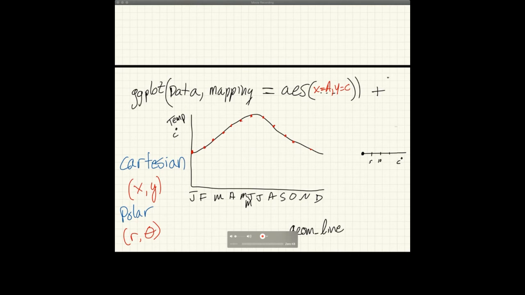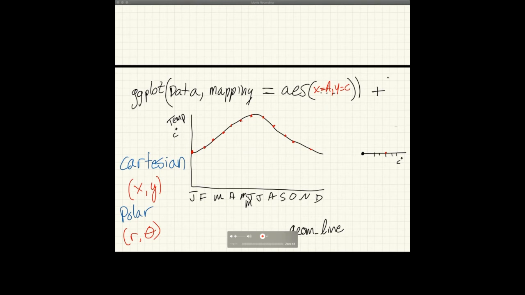But I'm not going to draw that right now because it gets a little cluttered. But imagine that you have these tick marks that tell you how many degrees Celsius you have. And let's say the average January temperature is about 10. Actually, let's say it's about here. Okay?